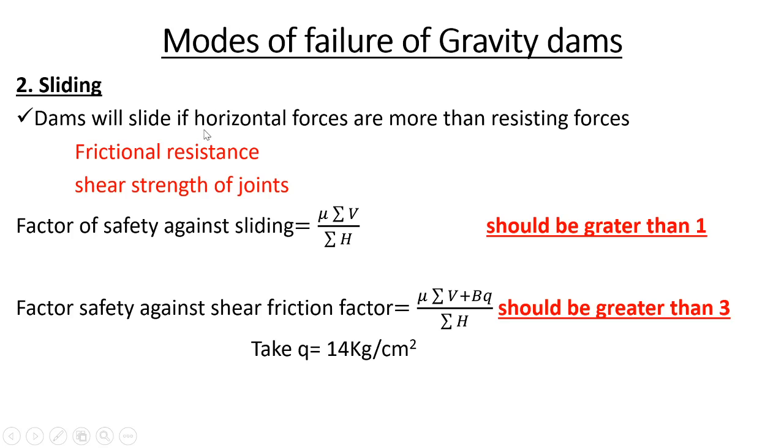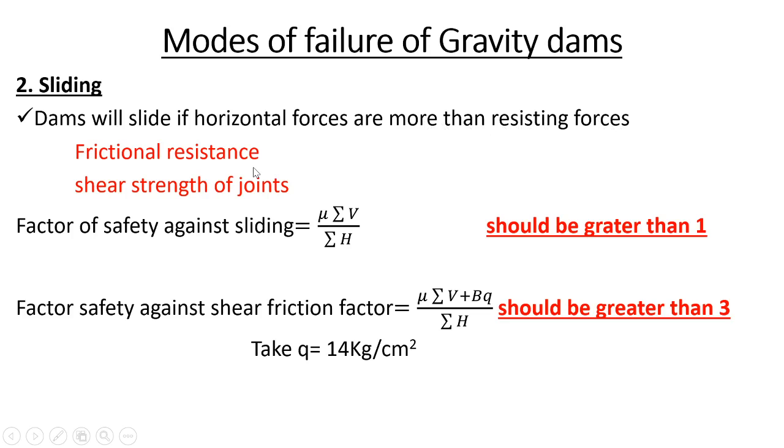You know that due to upstream retained water there will be horizontal force. Also due to downstream retained water there will be horizontal force, and the dam will slide if these horizontal forces are more than the resisting force.